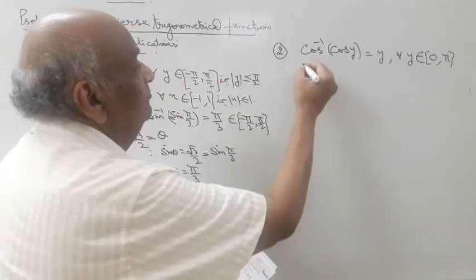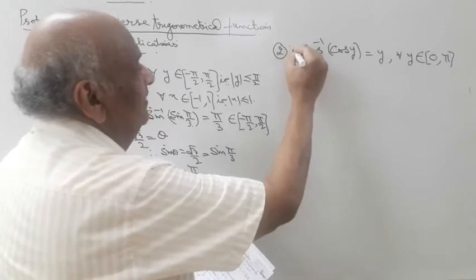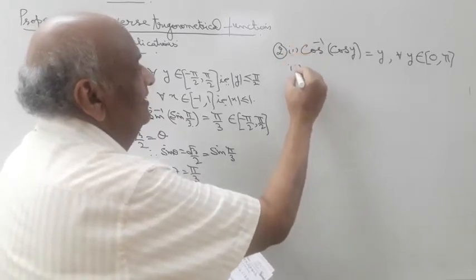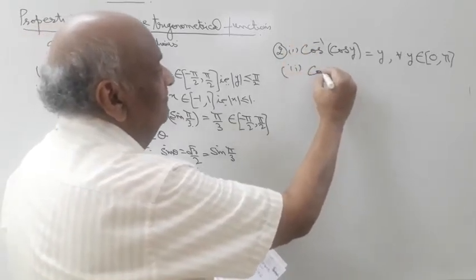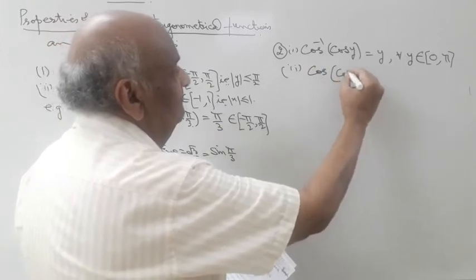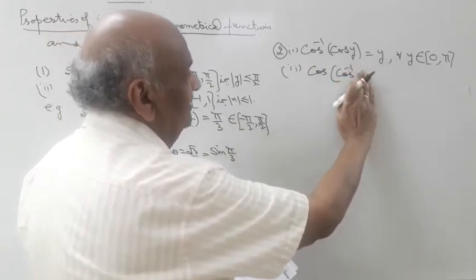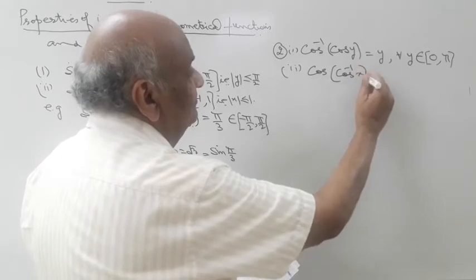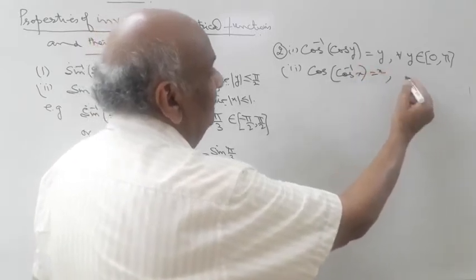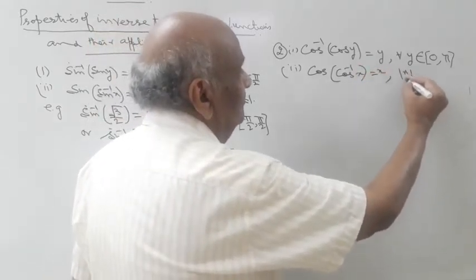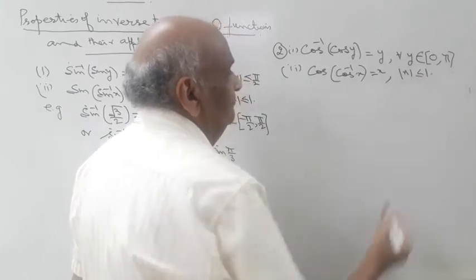And parallel to this, the second part: cos of cos inverse x is equal to x, where x modulus is less than or equal to 1 as before.